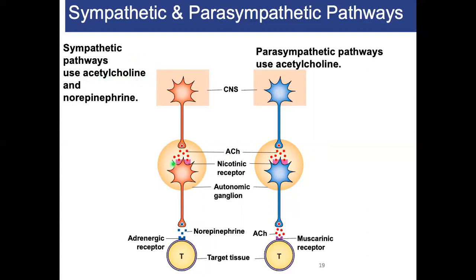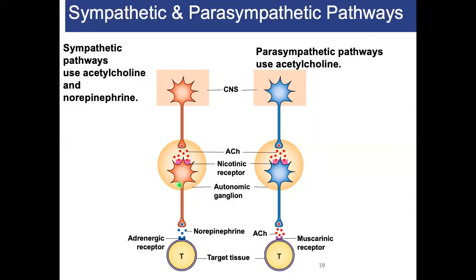So at the first synapse, the nerve uses acetylcholine binding to nicotinic cholinergic receptors, right? And that's the same whether we're talking about the sympathetic pathway or the parasympathetic pathway. Whenever you're talking about nerves communicating with nerves, it's always going to be acetylcholine binding to nicotinic cholinergic receptors for this class.